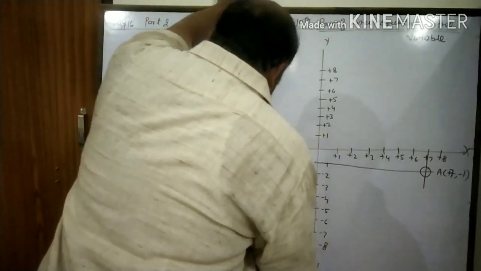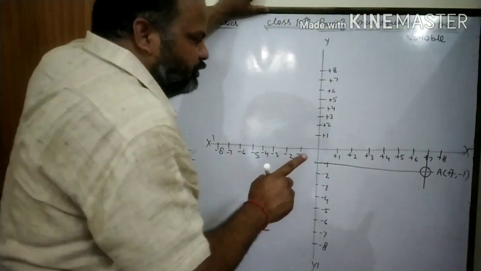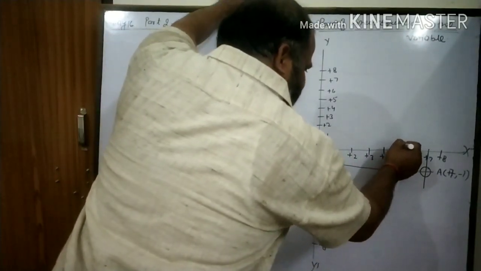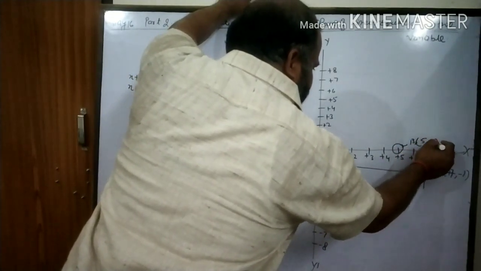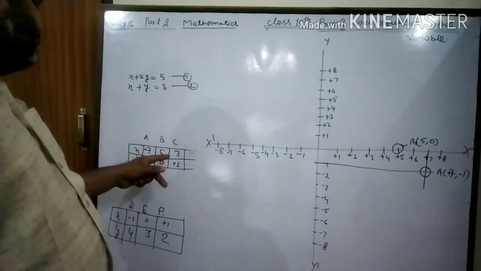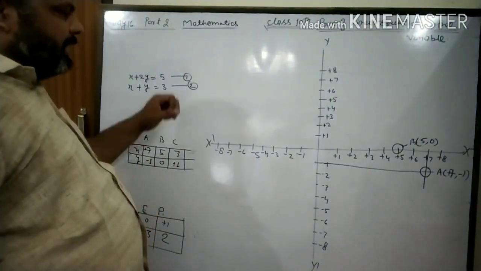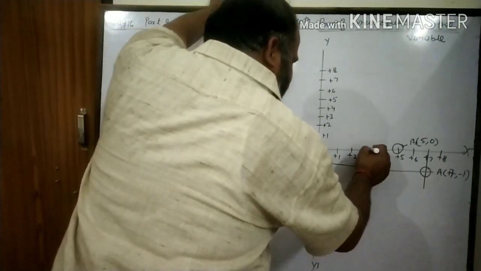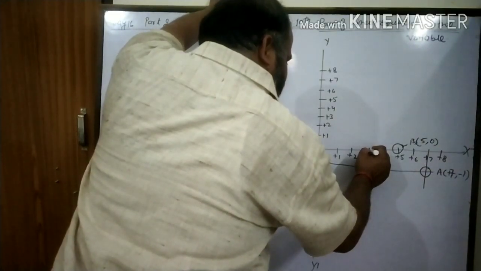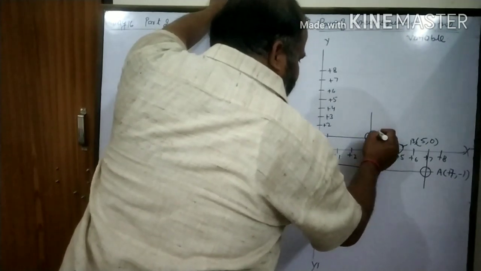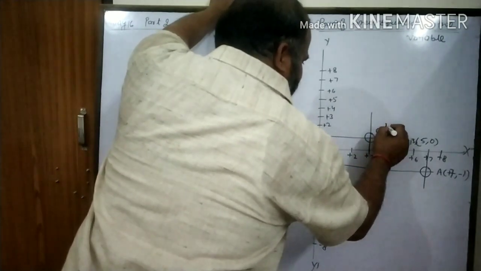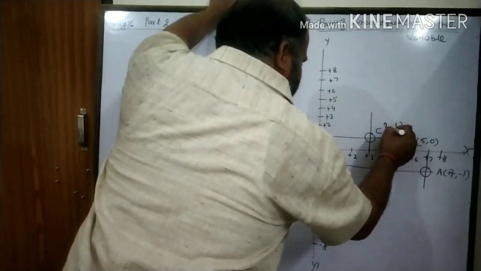You know that y is 0 on the x-axis. Then this point is B: 5 comma 0, and C is 3 comma 1. This point is C, and it is 3 comma 1.